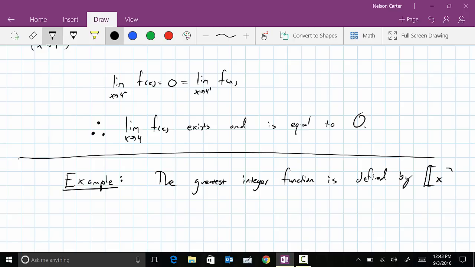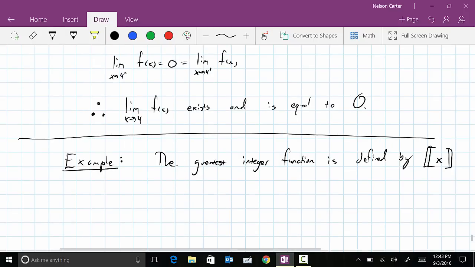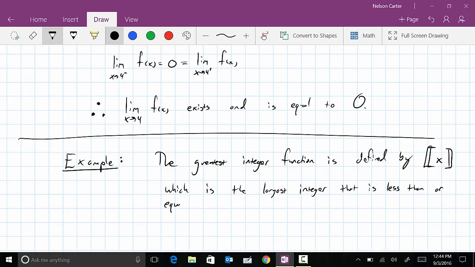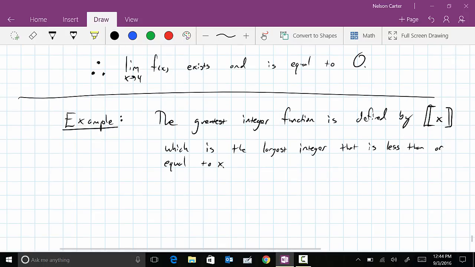It's this double struck bracket, which is the largest integer that is less than or equal to x. Okay, for example, the greatest integer of 4 would be 4.